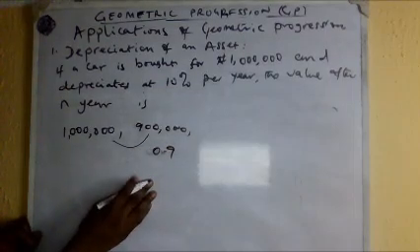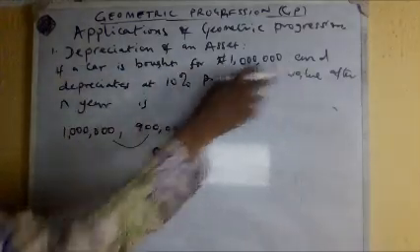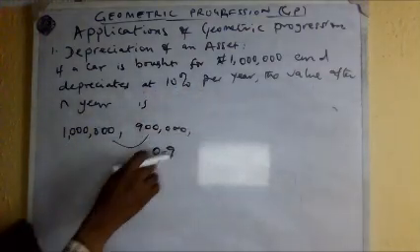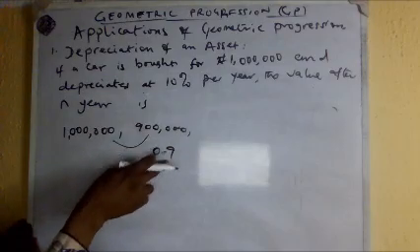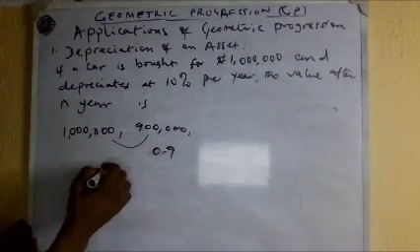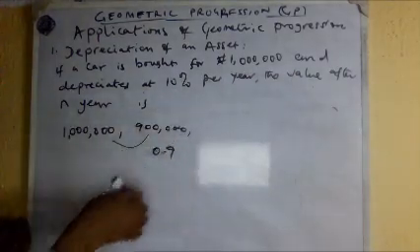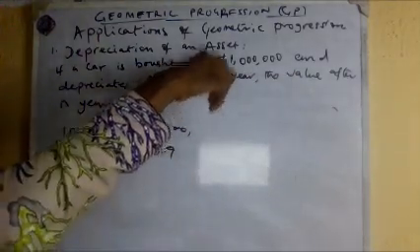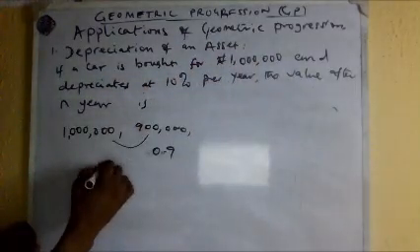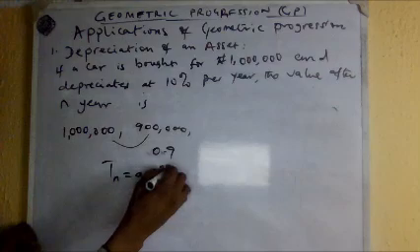So if the car is bought for this amount and it depreciates by 10% every year, that means the common ratio is 0.9. The value after n years, that is, the value on the nth term. You know the formula: Tn is equal to A R raised to power n minus 1.